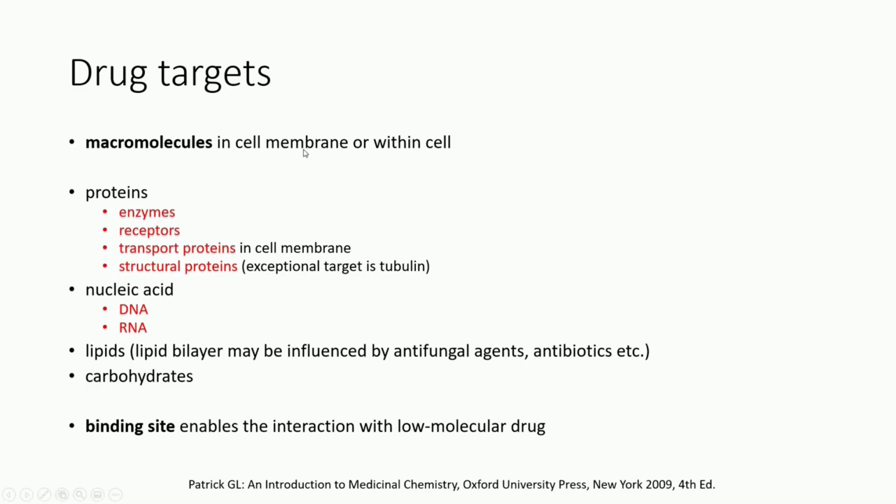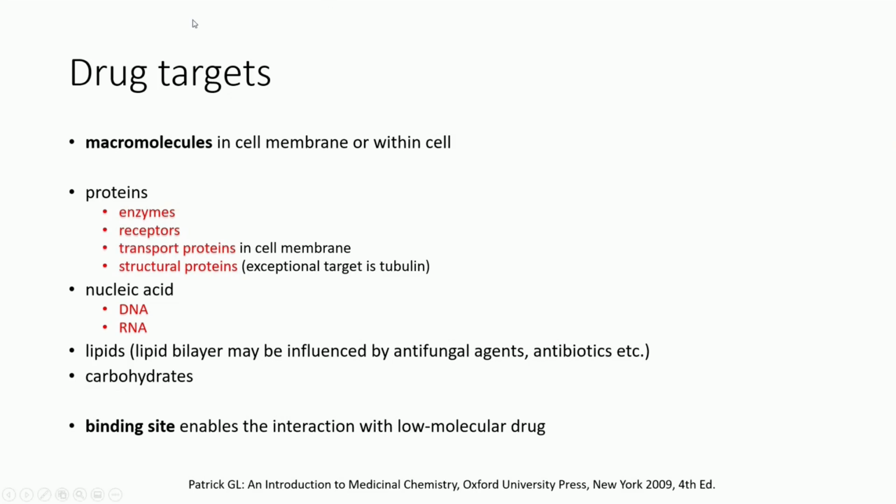The structures that act as targets for drugs can be divided according to their character into proteins, nucleic acids, lipids, or carbohydrates. The last two items are less often. The most often target for drugs are proteins.